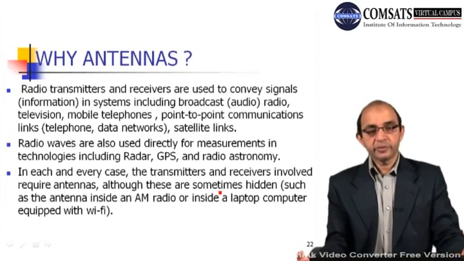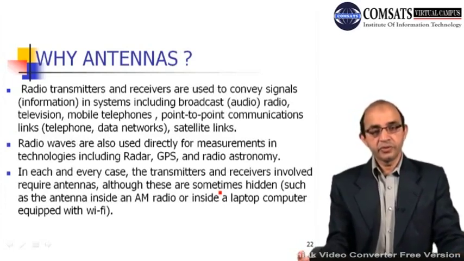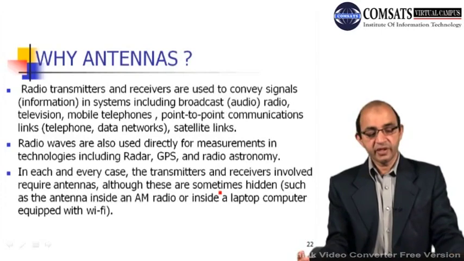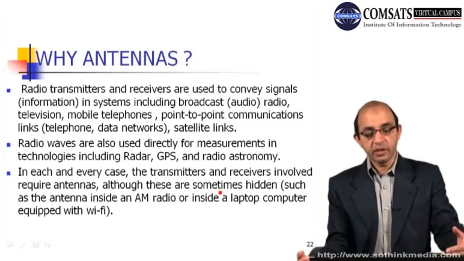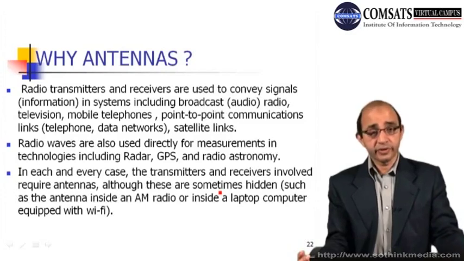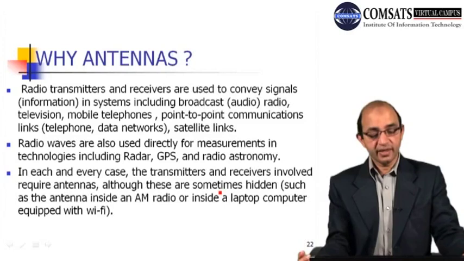So radio transmitters and receivers are used to convey signals carrying the actual information in systems, and those systems can be broadcast, audio, television. This is simplex. Then there are mobile telephones, point-to-point communication links, telephone data networks, and satellite links.